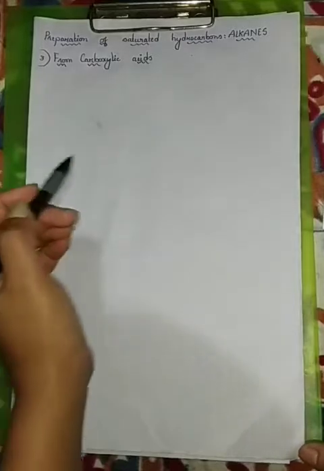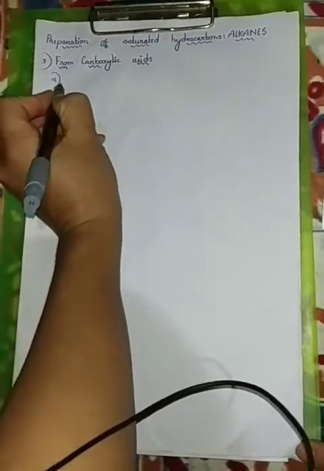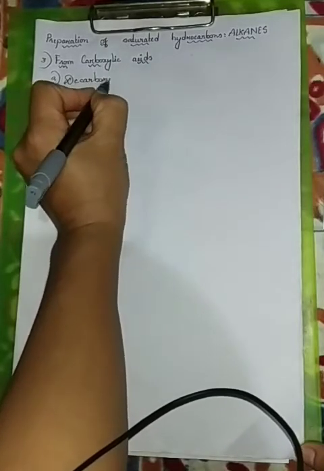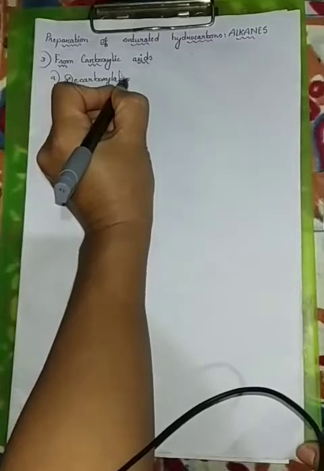In this preparation method from carboxylic acids, salts of carboxylic acids are taken to get our product, that is our saturated hydrocarbons known as alkanes. The first reaction from carboxylic acids will be the decarboxylation reaction.